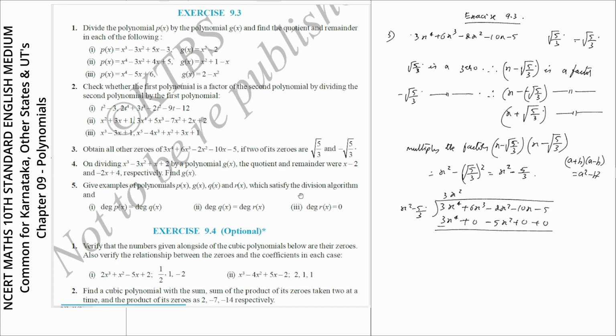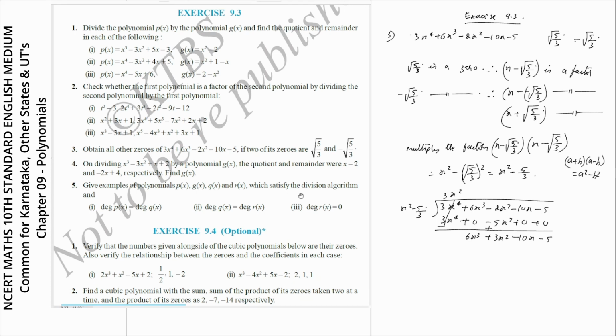So now change the sign and add it. So these two will get cancelled. Now plus 6x cube I'll get here. Then here minus 2x square plus 5x square is plus 3x square, then minus 10x plus 0 is minus 10x, minus 5.